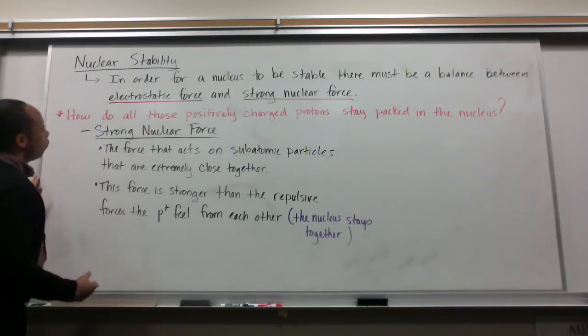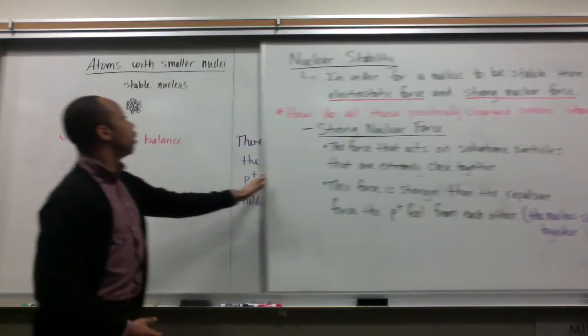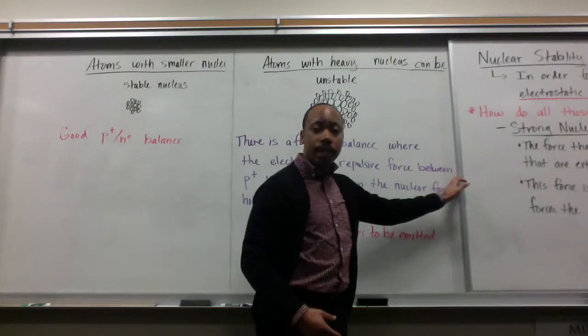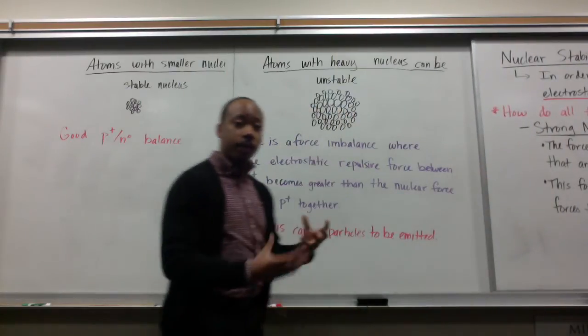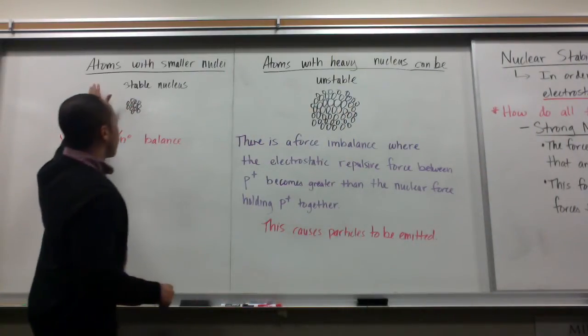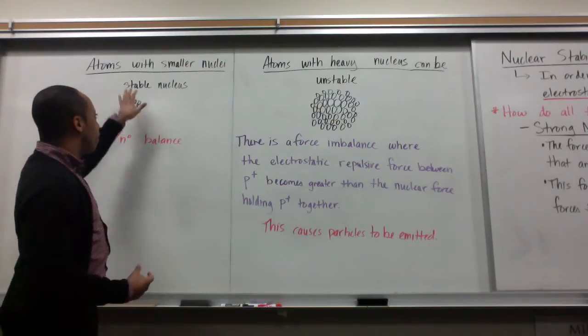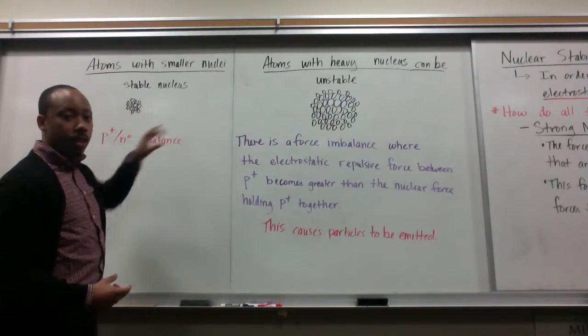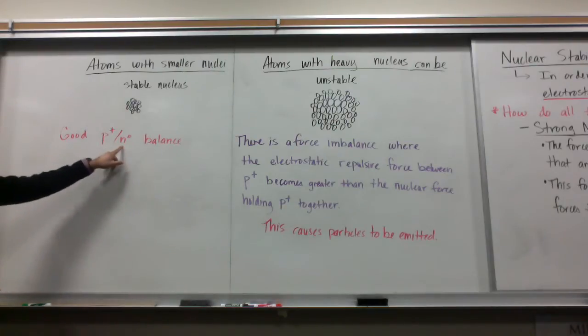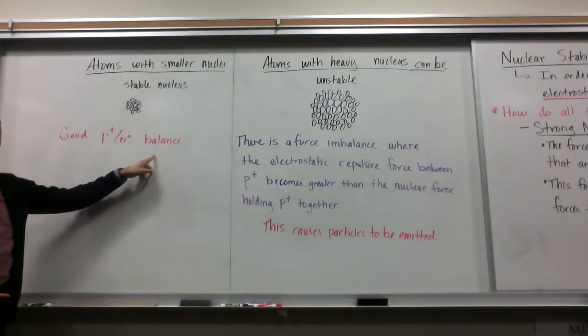Now, the nucleus doesn't always stay together. There's a degree of stability. When we have atoms that have a smaller nucleus, they usually have a very stable nucleus. There's a good proton to neutron balance.